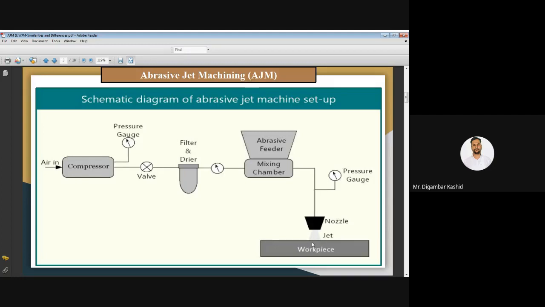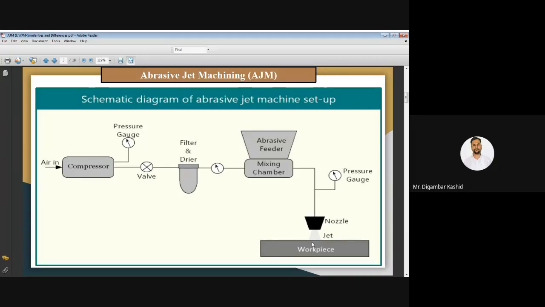So here the kinetic energy of your abrasive particles is the main factor for the erosion purpose. Due to the kinetic energy of your abrasive jet, material will be removed by erosion action.